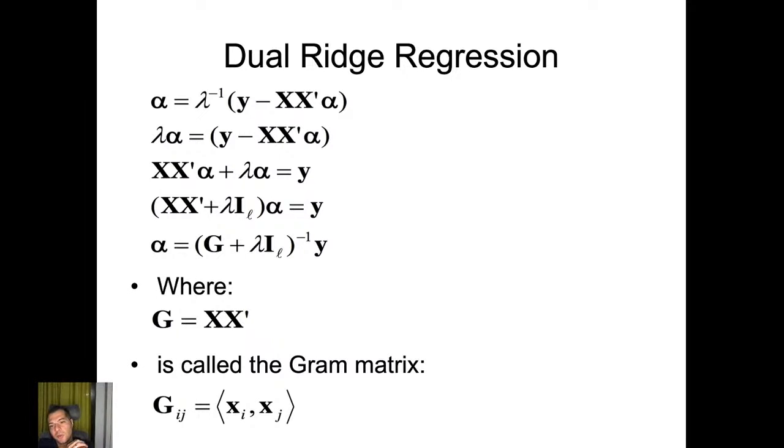As I said before, we use the notation G to denote X times X transpose, and this is called the Gram matrix. Each component in this Gram matrix contains the scalar product between some data sample xi and some data sample xj.